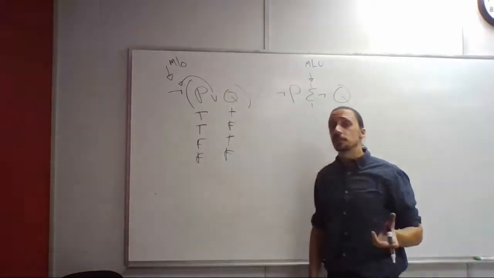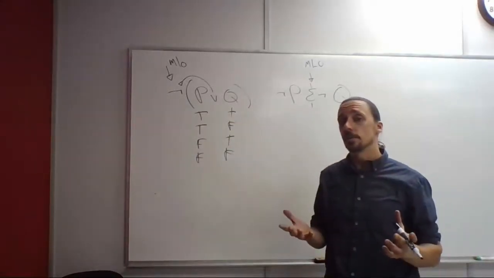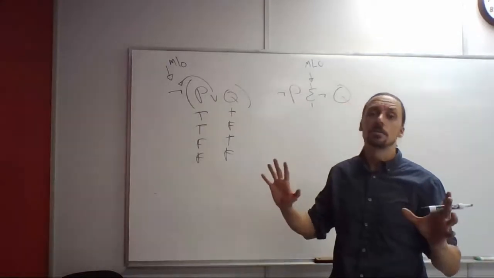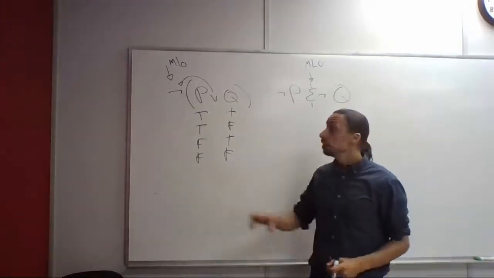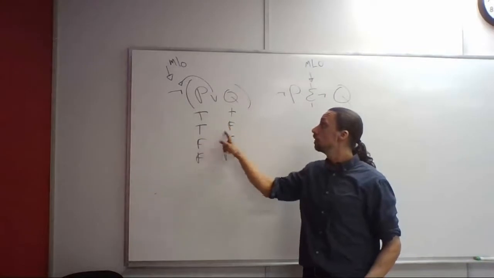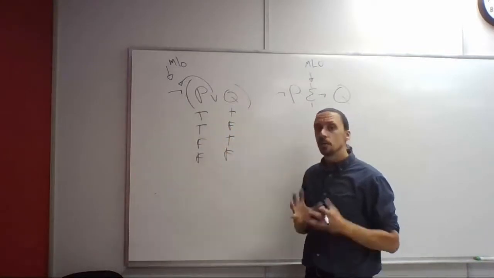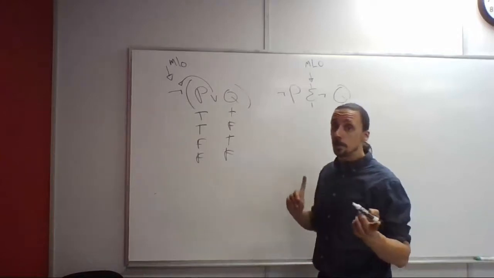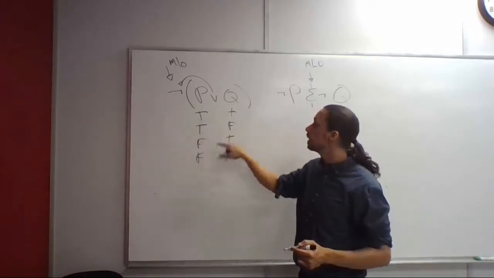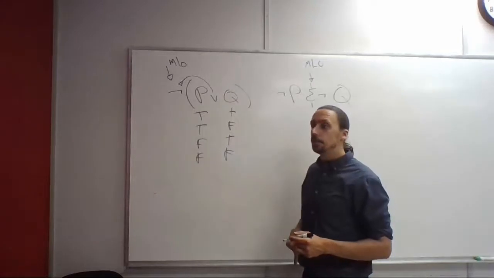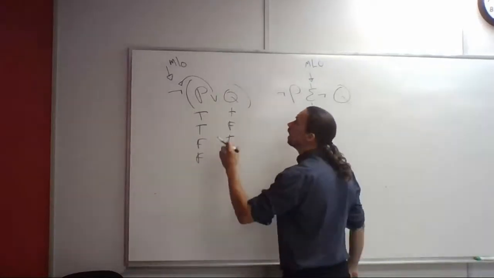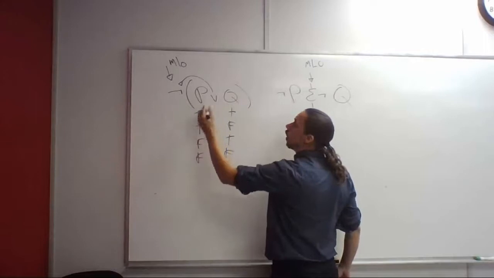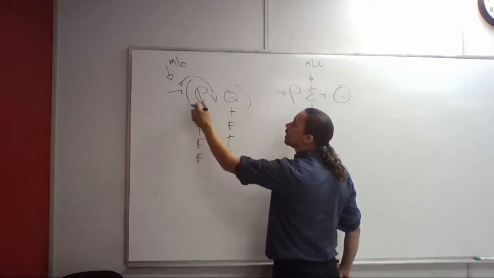Eventually, we're going to deal with sentences with more than two sentence letters. We're going to have P, Q, R, S, and I'll show you how to do the truth tables for those. For now, the important thing is by going true, true, true, false, false, true, false, false, you'll be exhausting all the possibilities when you have two sentence letters. Probably the easier way to remember is true, true, false, false, and then you go true, false, true, false. So let's look at the answers here. So P or Q. What's the truth table for regular disjunction?